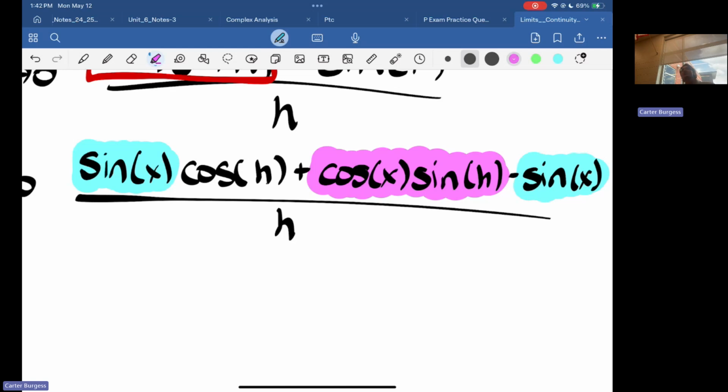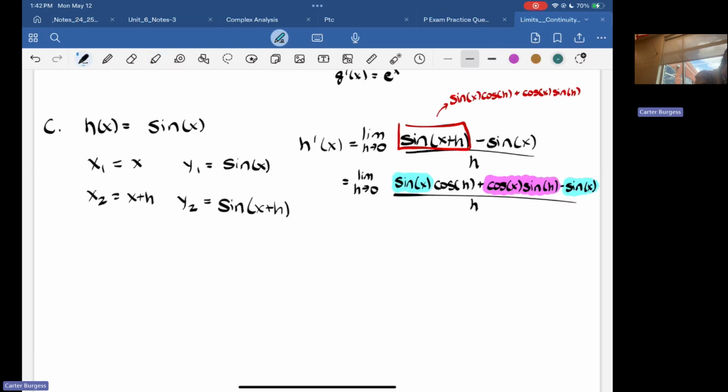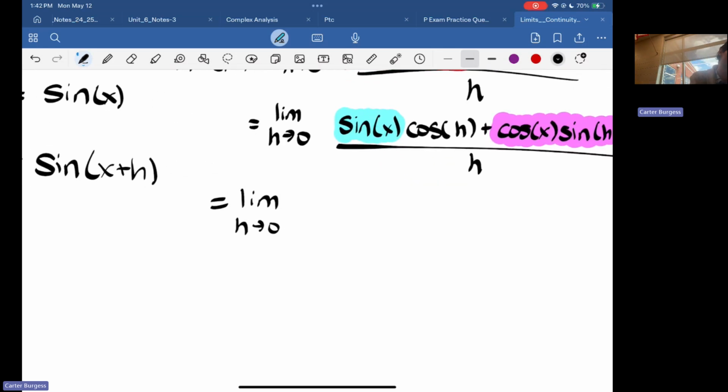But to try to do what I did with the e to the x, let's shuffle things around. So the sine of x's are by each other, and the non-sine of x's are by each other. So we'll call this the limit as h approaches 0. And I'm going to try to do the same thing where I get the x stuff on the outside and then the non-x stuff left behind on the inside. That's my goal.